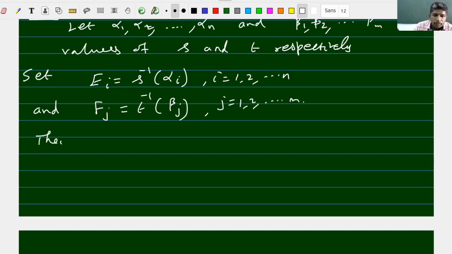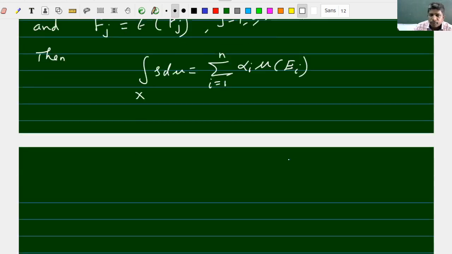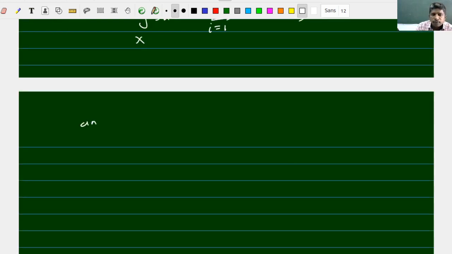Then by the definition, the integral over X of s d mu is the summation i from 1 to n of alpha i times measure of E i, and the integral over X of t d mu is the summation j from 1 to m of beta j times measure of F j.